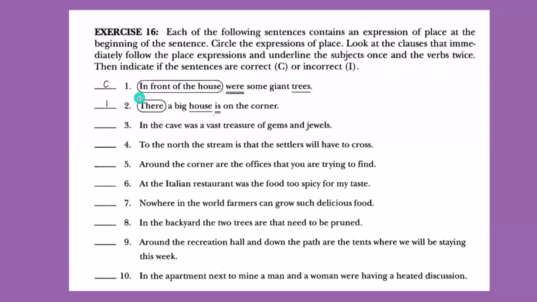Number 1, in front of the house were some giant trees. This is correct. Let's look at number 2. There, a big house is on the corner. The correct would be, there is a big house on the corner. Okay? So grab a piece of paper and answer the remaining.